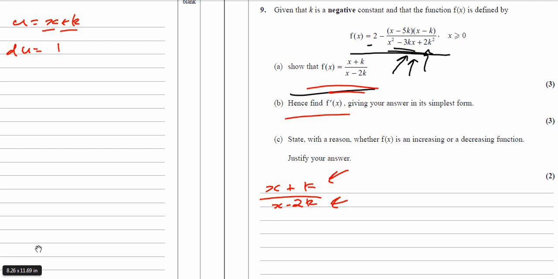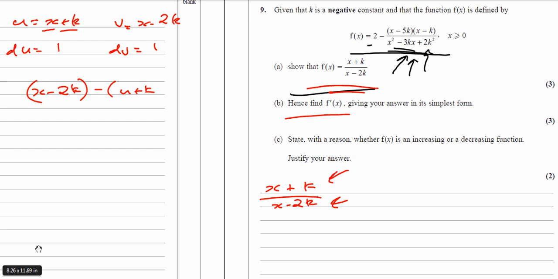It's just a number. And then on the bottom, we've got v, which is x minus 2k. So dv just differentiates to 1.